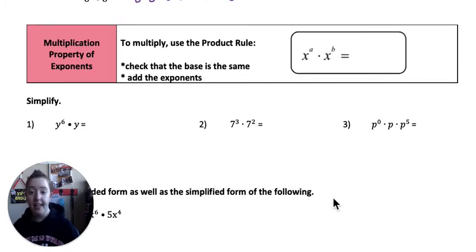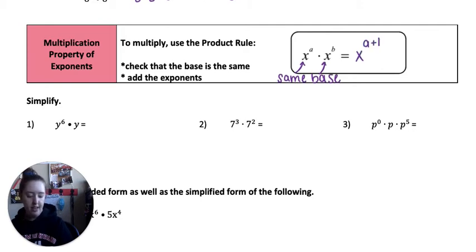So the multiplication property of exponents says that if I have the same base, to multiply them together, I'm going to keep that base and then add my exponents. So let's practice this.